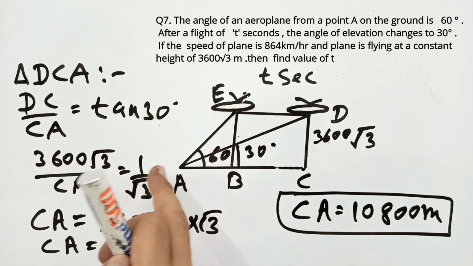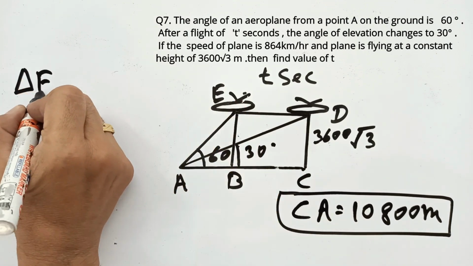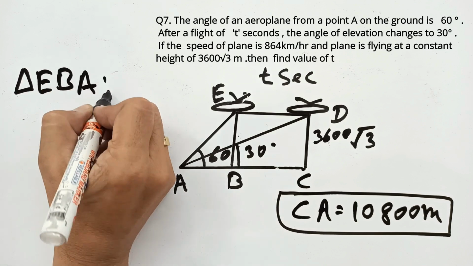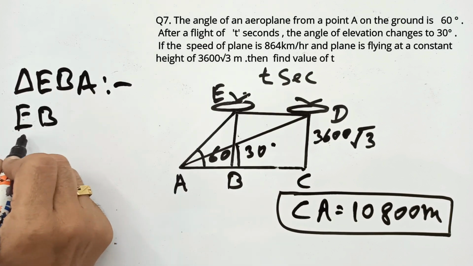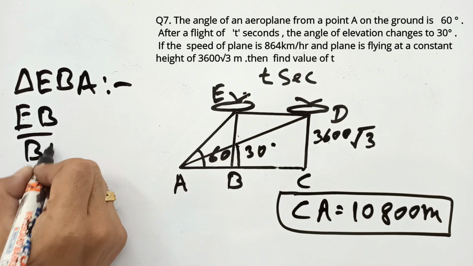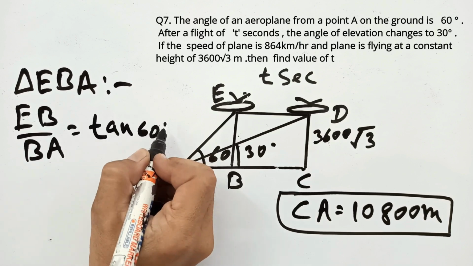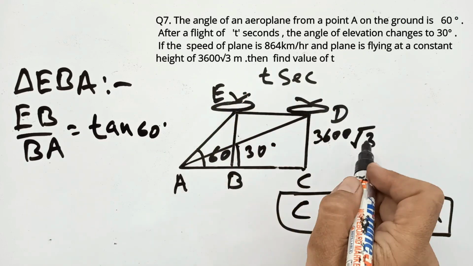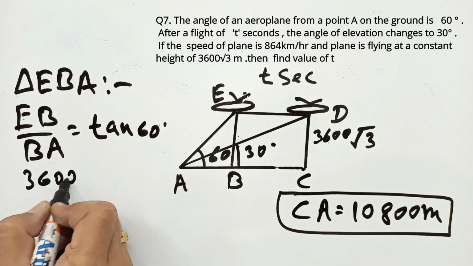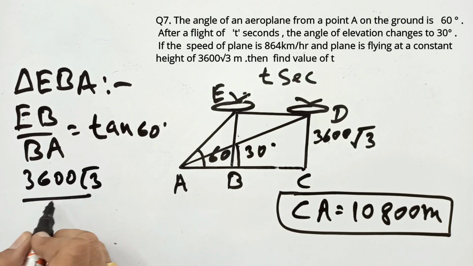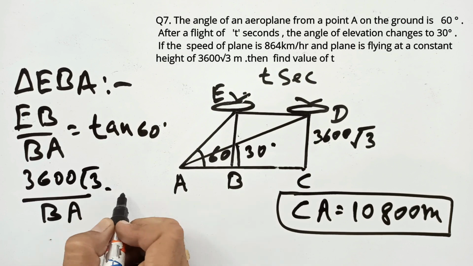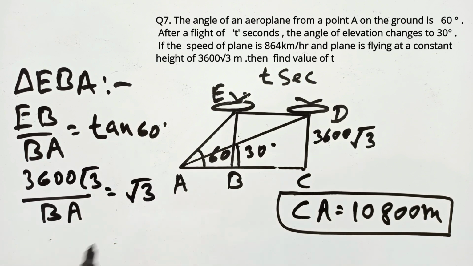Now let us see in triangle EBA. EB upon BA is equal to tan 60. EB is the same constant height, 3600 root 3. So root 3 cancels.